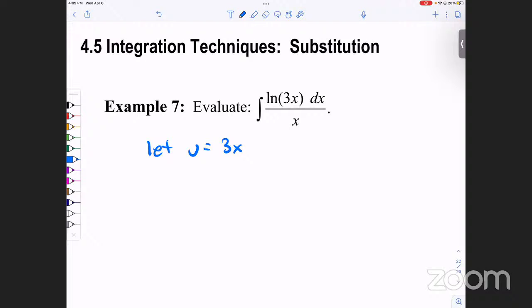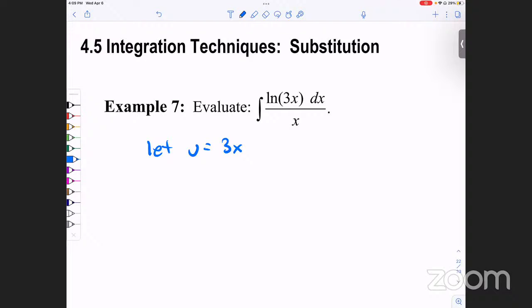Break it apart, because the log of the product is the sum of the logs. So we can break that apart into the natural log of 3 plus, I'm gonna see if that helps us. That'll give us two separate integrals to evaluate.